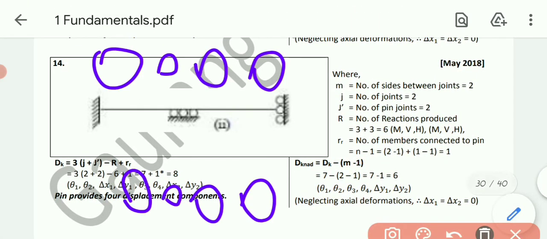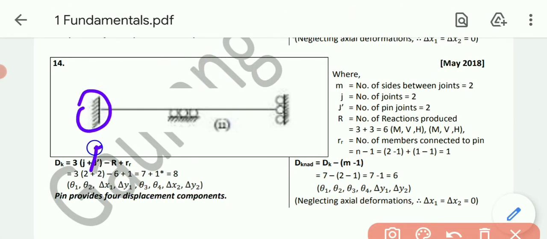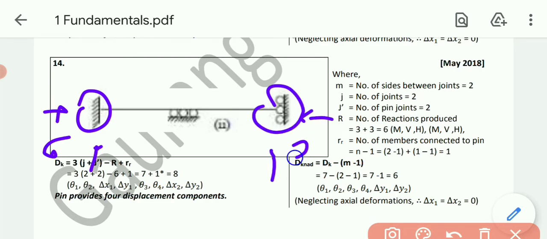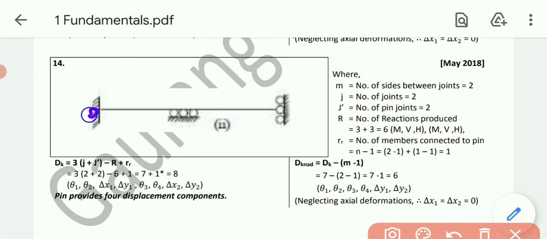And then the last one. Now fixed support: vertical, horizontal, moment. Fixed support: vertical, horizontal, moment. See, this one is a pin, but I will consider the pin as a joint. Okay, so ultimately capital R, 3 plus 3, that is 6. Joint 1, 2, number of joints. Then number of pin joints.